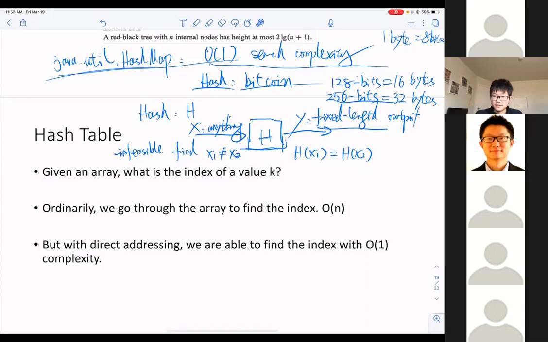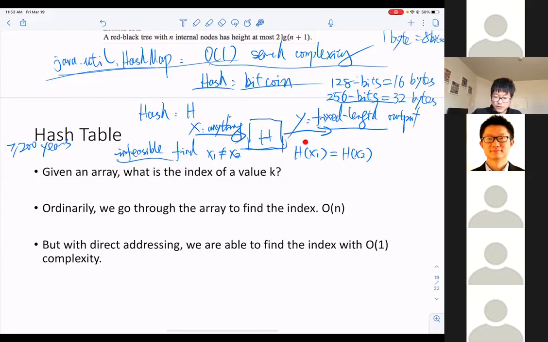By computationally infeasible, I mean that even given the most powerful computer in the world, it would take you at least 200 years to find such a pair, and by that time, all of us will have disappeared. That's what we mean by computationally infeasible in our lifetime.